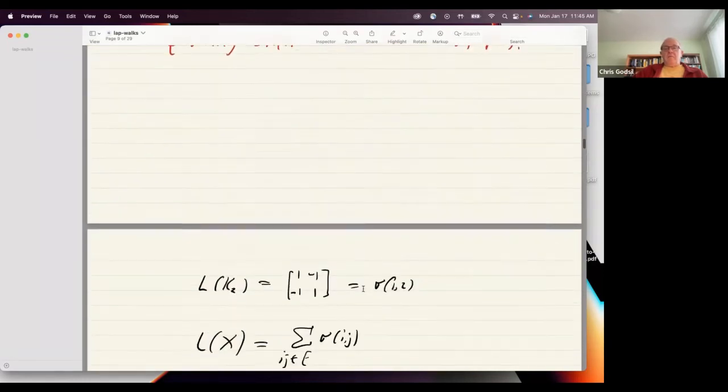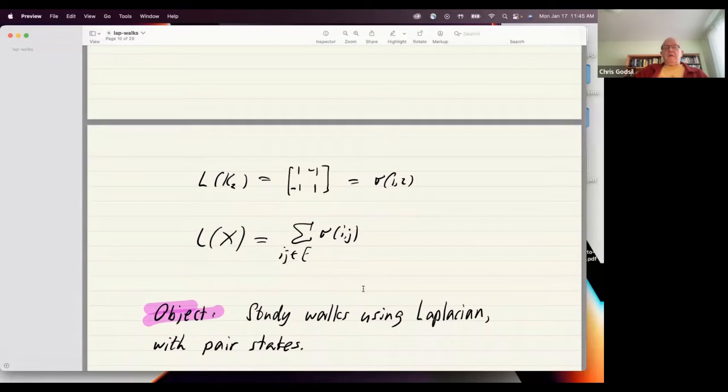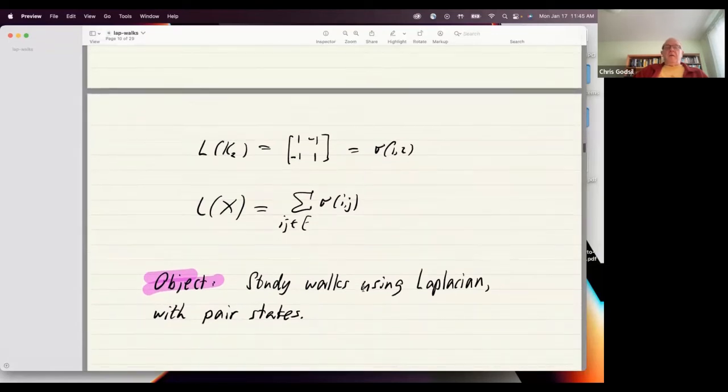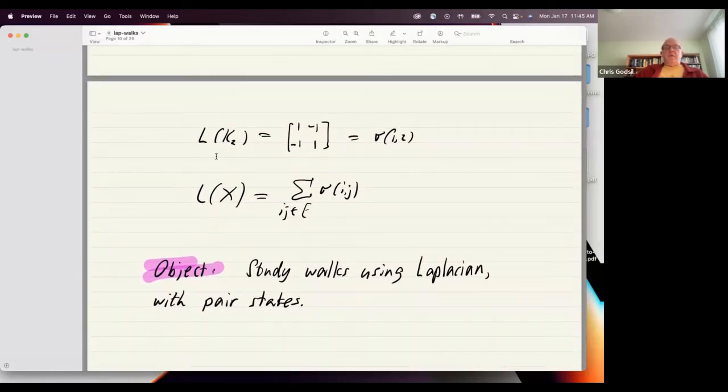So now, I'll look at the Laplacian of K2, 1 minus 1, minus 1, 1. That's exactly what I was calling the state sigma 1, 2. The Laplacian is a positive semidefinite matrix, and so half of this is a density matrix. The Laplacian of X itself is a sum of the Laplacians of its edges.